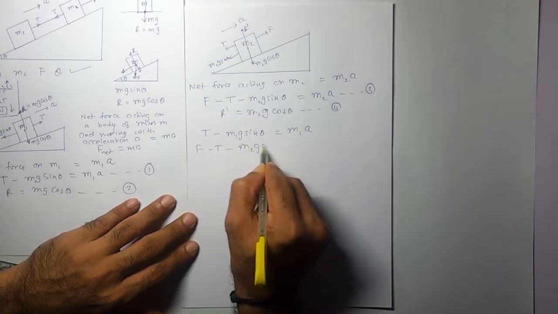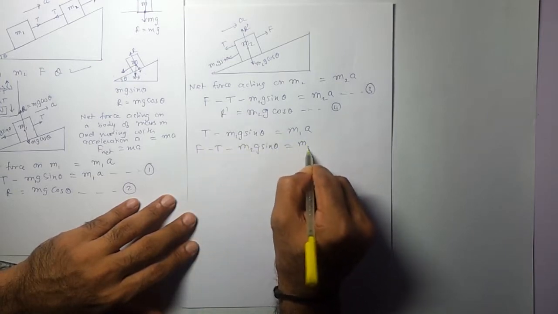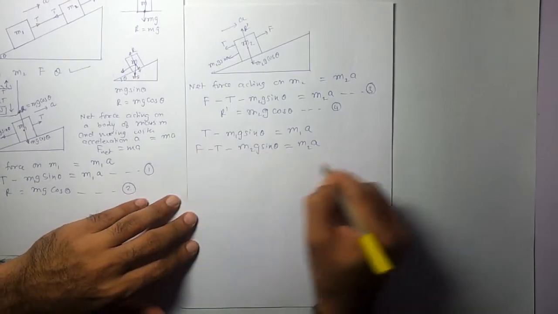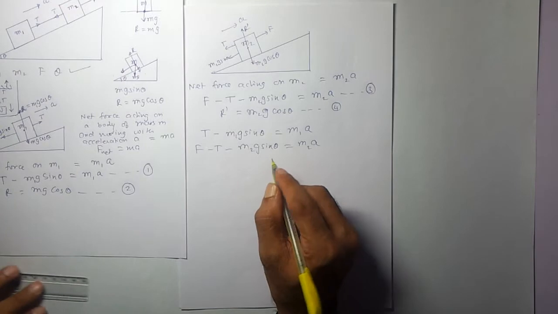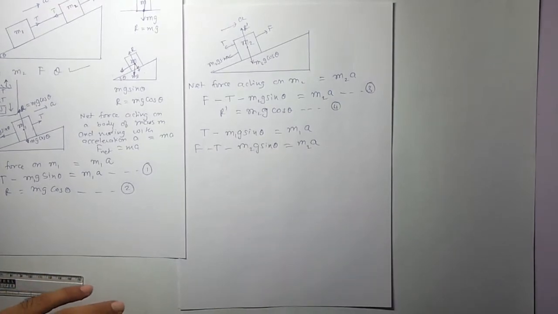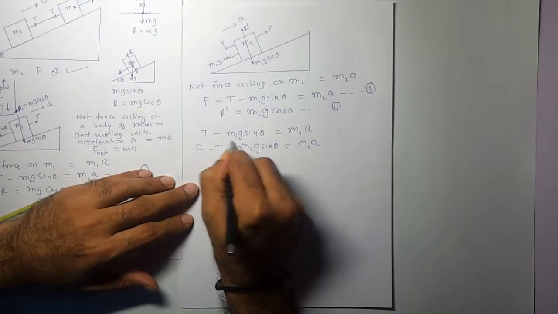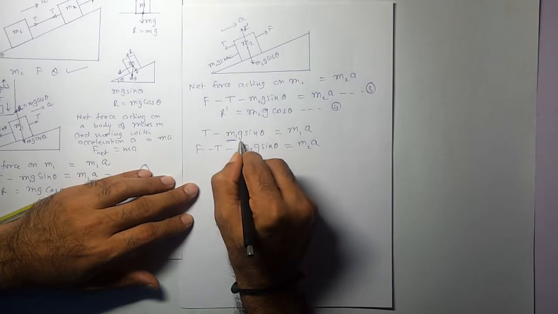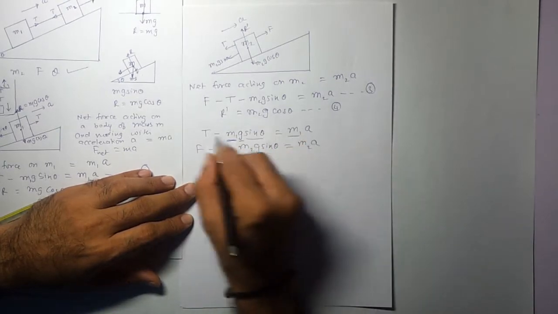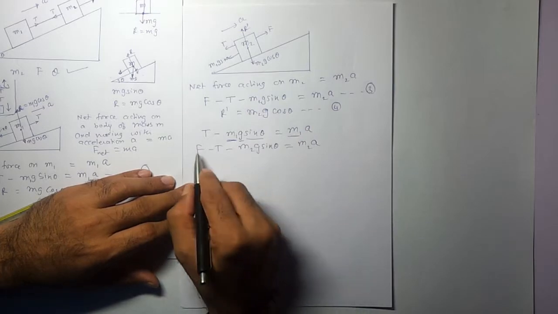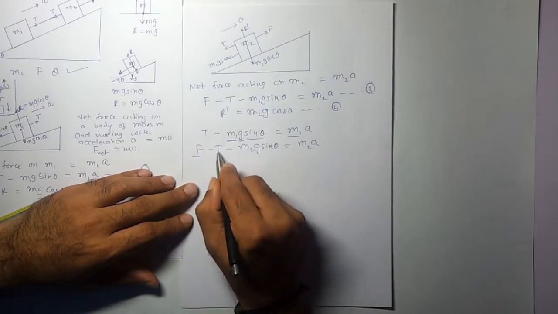Let me identify which terms are known, and I'll underline them. m1 is known, g is known, sin theta is known. T and a, I don't know. In this case, F is known, T is not known, m2 is known, g is known, sin theta is known. So T and a are not known.